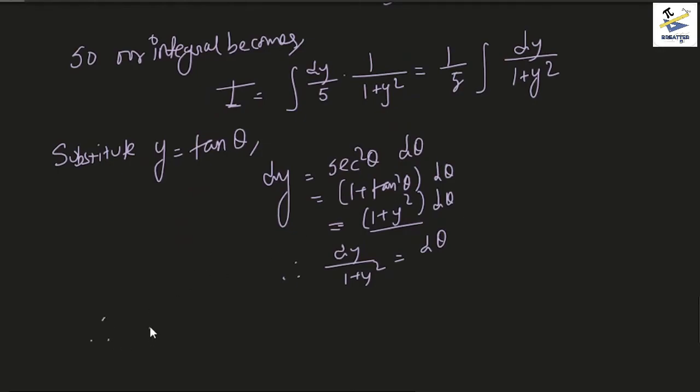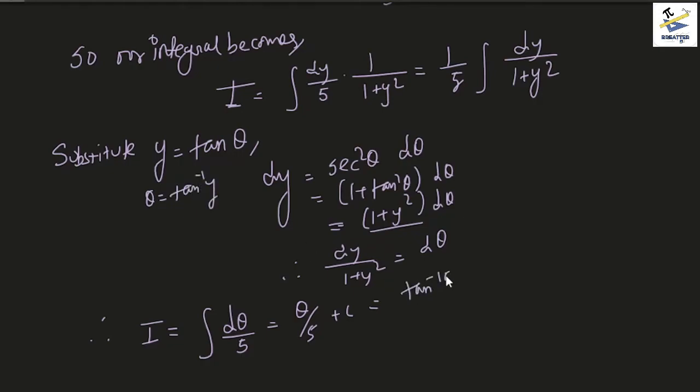So I equals the integral of d theta by 5, which is just theta by 5 plus c. But theta, as you know, if y is tan theta, then theta is tan inverse y. Then the answer would be tan inverse y by 5 plus c.